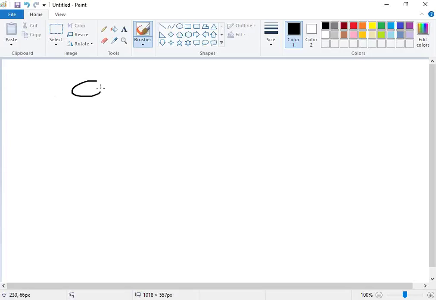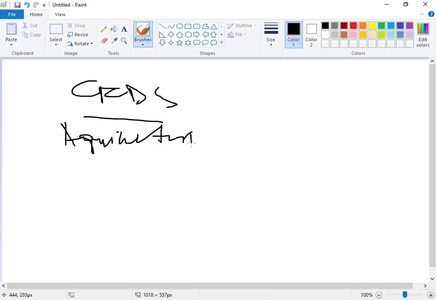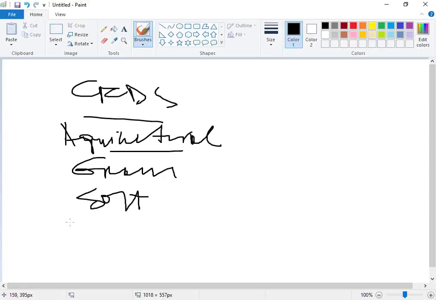Okay, so CFDs, all your products that you trade as futures, you can also trade them as CFDs. Agricultural products, like your grains and your soft markets. You can trade your metals like gold and silver.